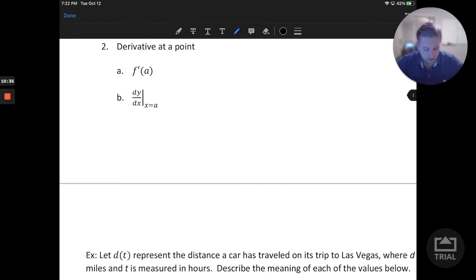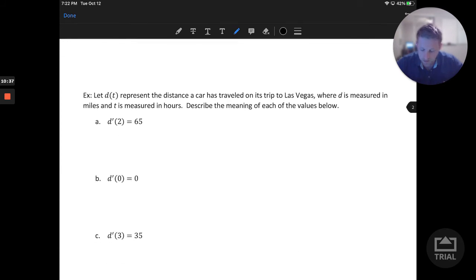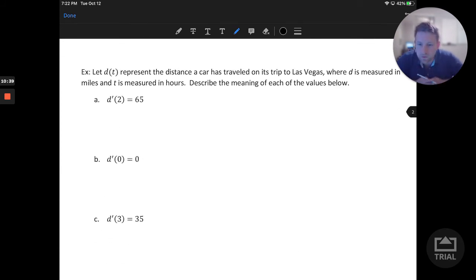So let's take a look at describing the derivative in a few different cases here. We're going to let the function d of t represent the distance a car has traveled on its trip to Las Vegas, where d is measured in miles and t is measured in hours. Describe the meaning of each of the following values below. The first one we're taking a look at is d prime of 2.